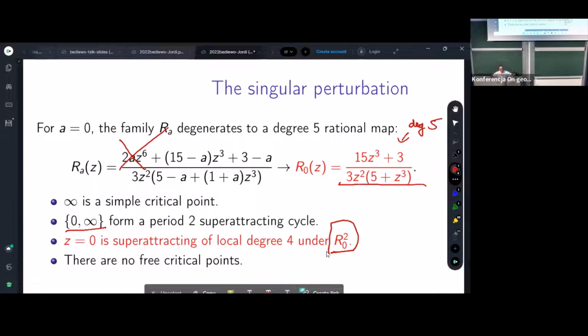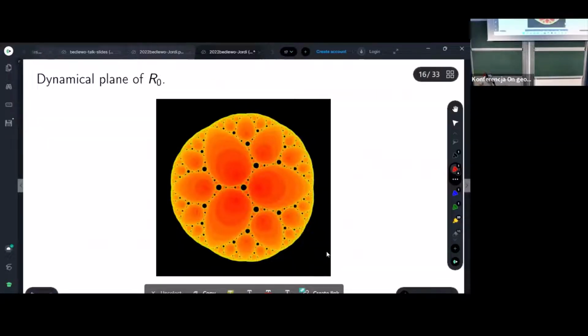Now we have a superattracting fixed point at 0 and a superattracting fixed point at infinity, both of them of local degree 4. And this map, by the way, does not have any free critical points. The critical points are the roots of unity, 0 and infinity. So that's how the dynamical plane looks.